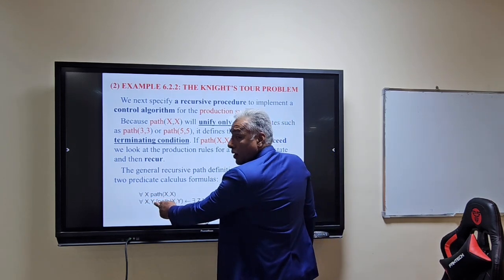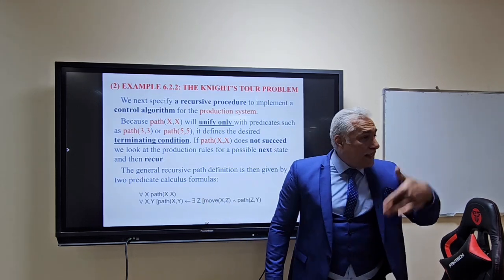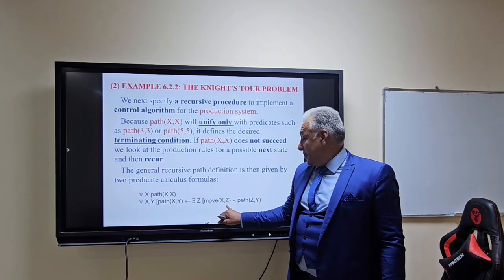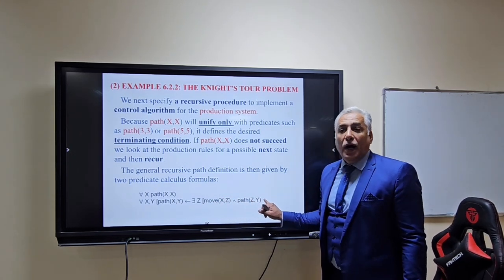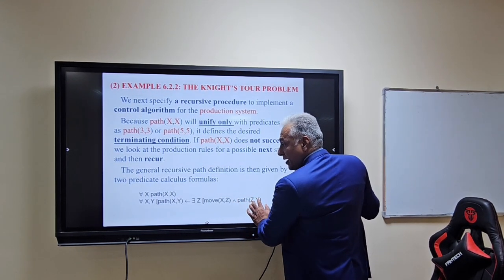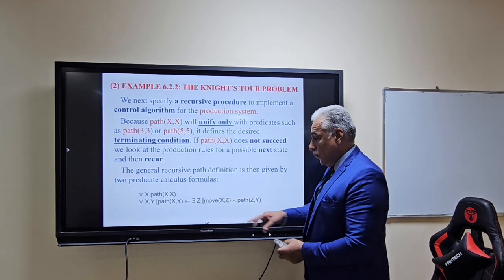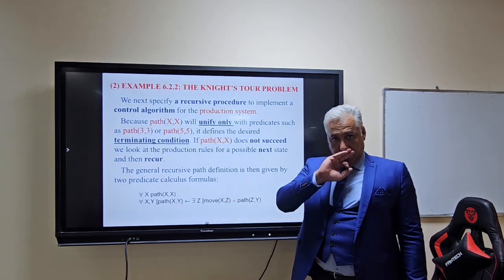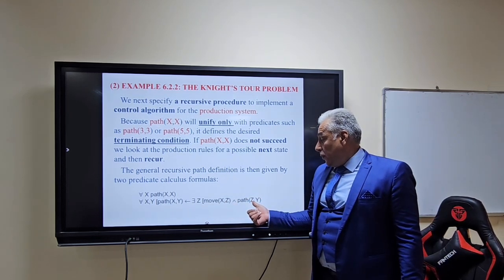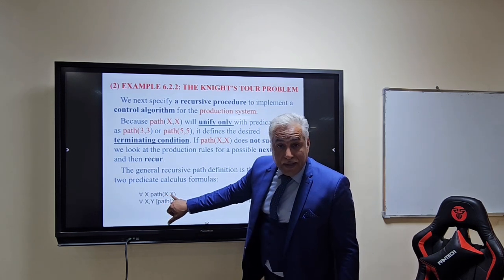For all X and for all Y, path X Y implies there exists Z where X moves to Z and the path will be from Z to Y. Here, Z will be changed, and it will become path X to Z. It will be true: move X to Z, where Z is the other location. Here Z will be changed by X in the path.